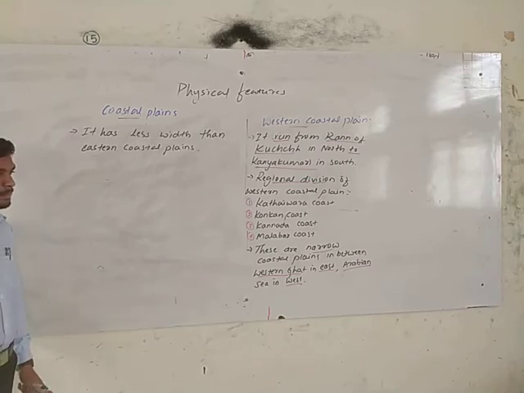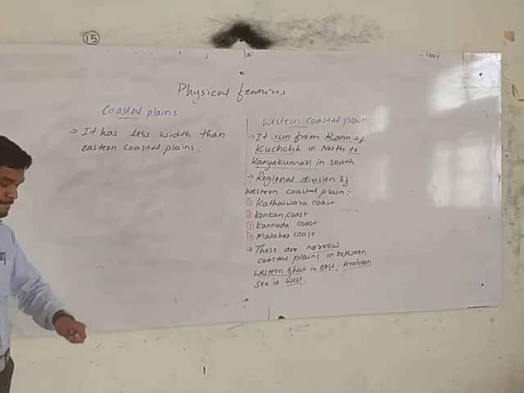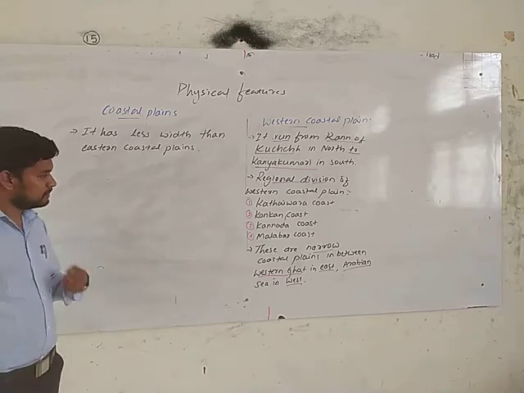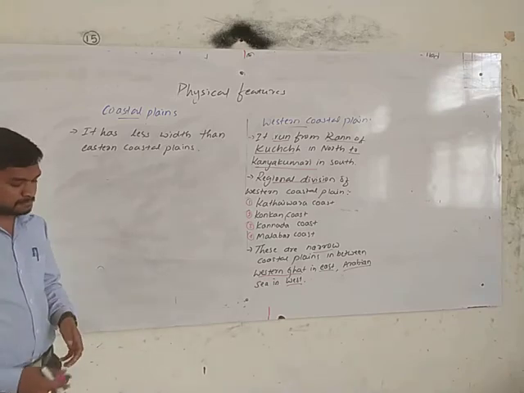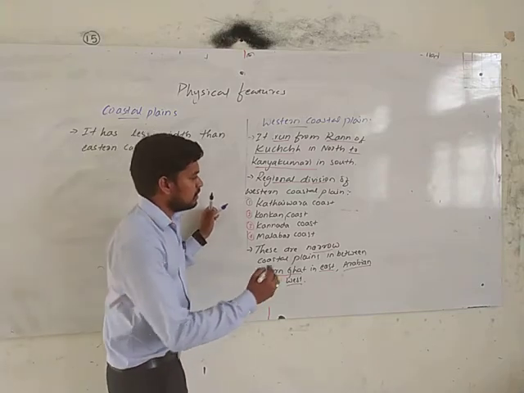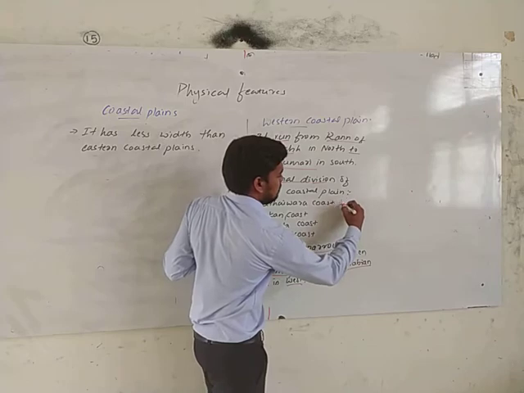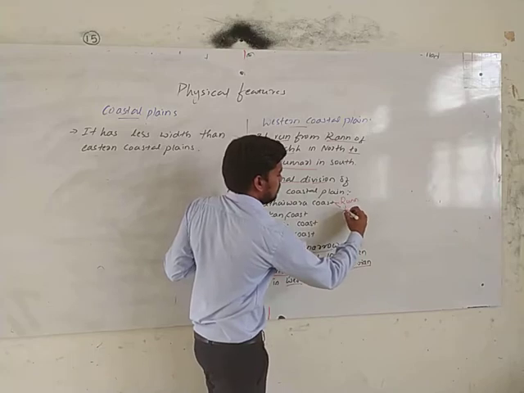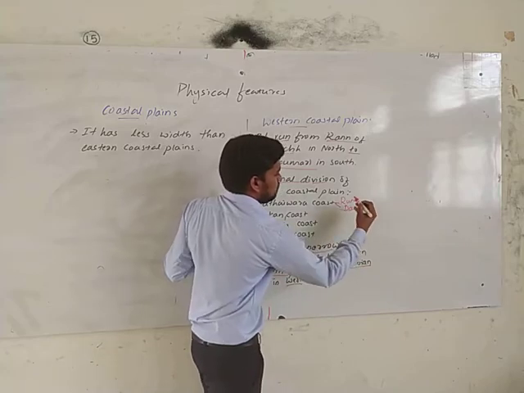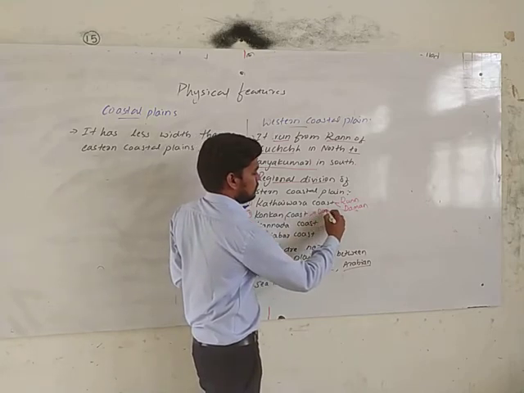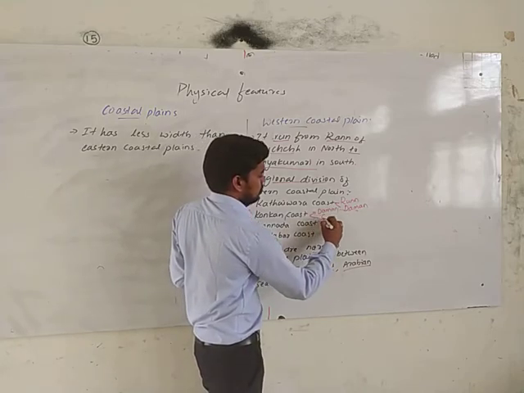Is it okay? The Kathiawar coast extends from the Rann of Kutch to Daman. The Konkan coast runs from Daman to Goa.